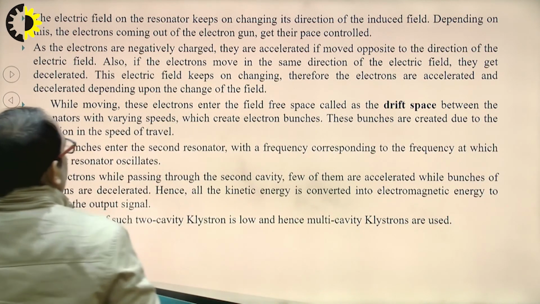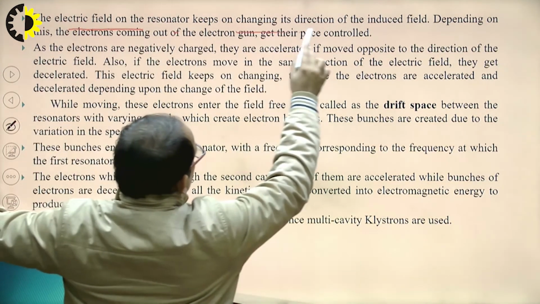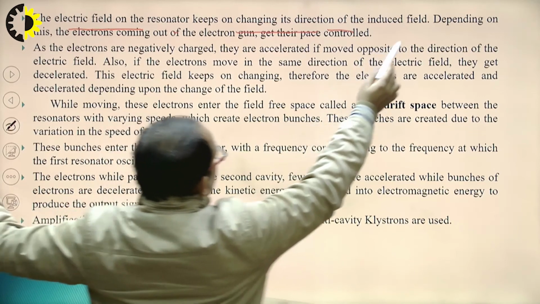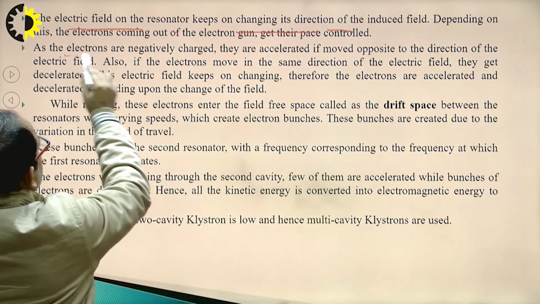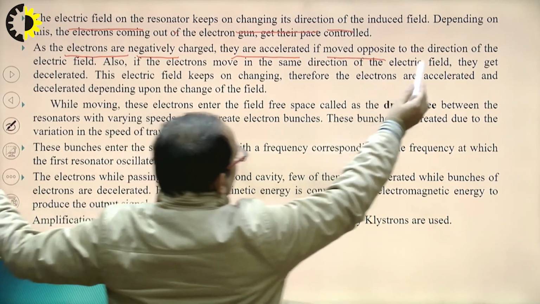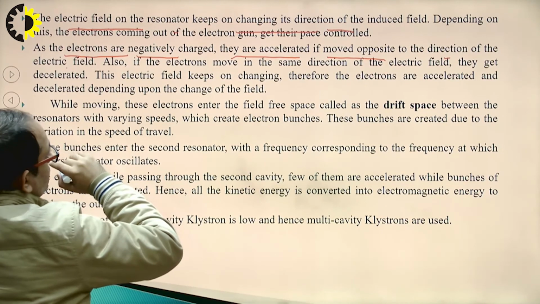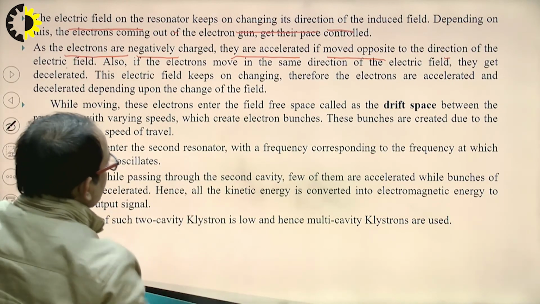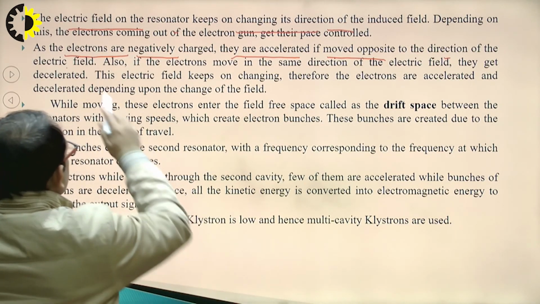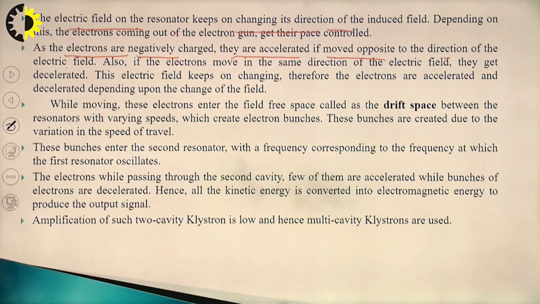Now you will see here that I have written that the electric field on the resonator keeps on changing its direction of the induced field, and as the electrons are negatively charged, they are accelerated if moved opposite to the direction of the electric field. Clear? They get accelerated, means when there is a positive, electrons get accelerated, and when there is a negative, the electrons get decelerated.